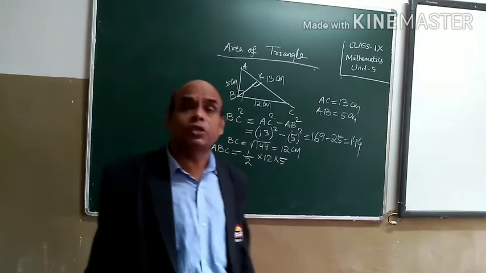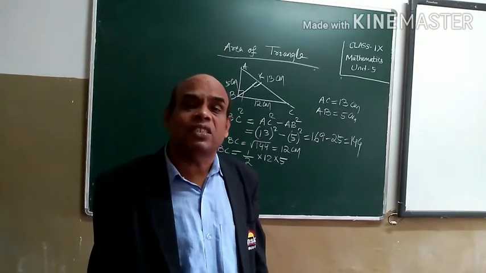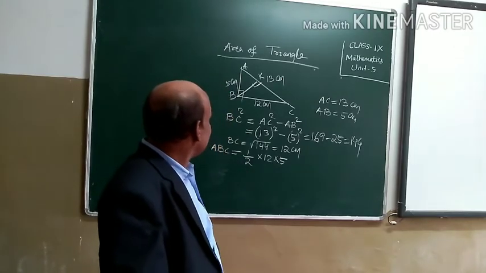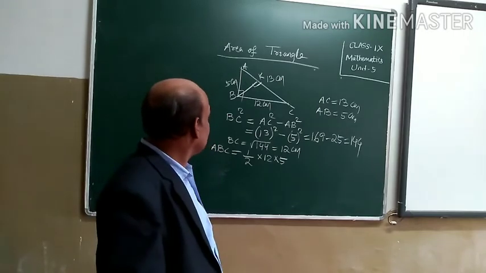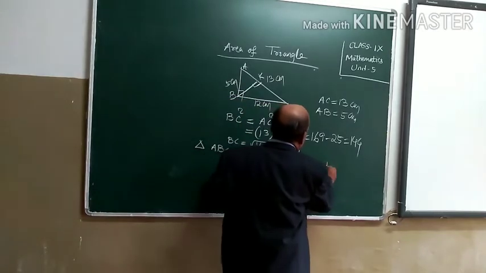If base is BC and height is AB, then the area of the triangle is equal to half into BC into AB. Suppose this is equation number 1.